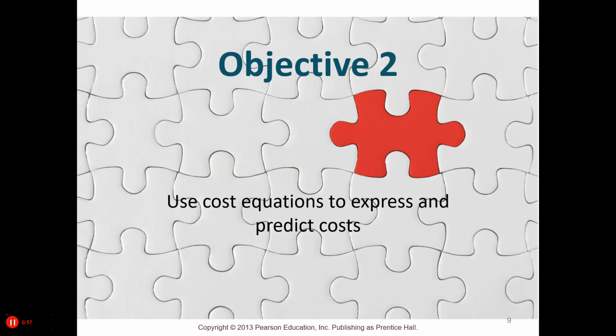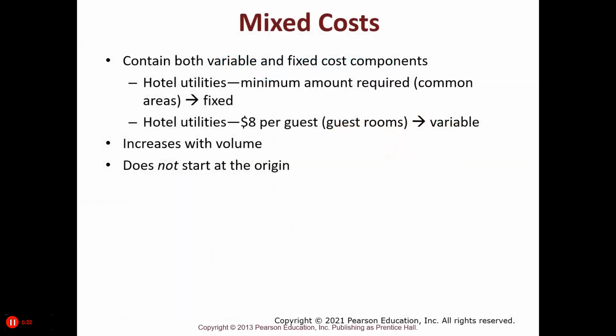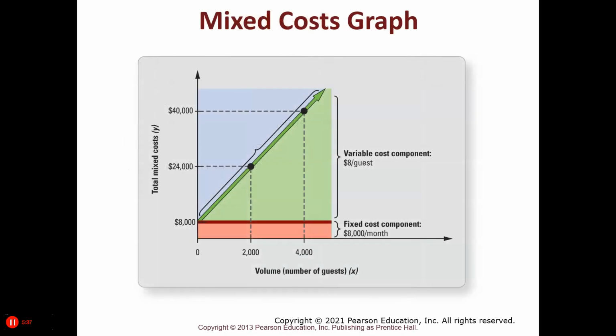Now, let's use our cost equations to express and predict costs. Mixed costs contain both variable and fixed components, increase with volume, and do not start at the origin because you've got that fixed cost and then it changes based on variable costs. And so here's what that graph would look like.